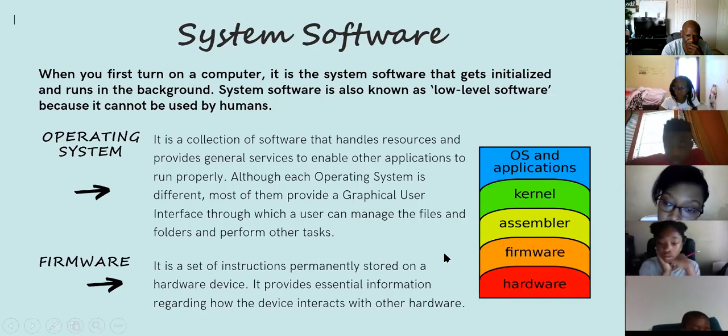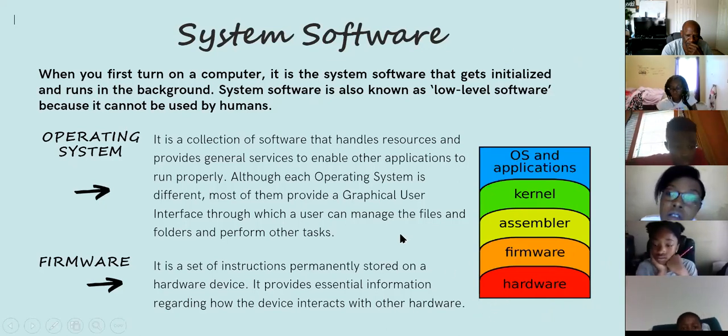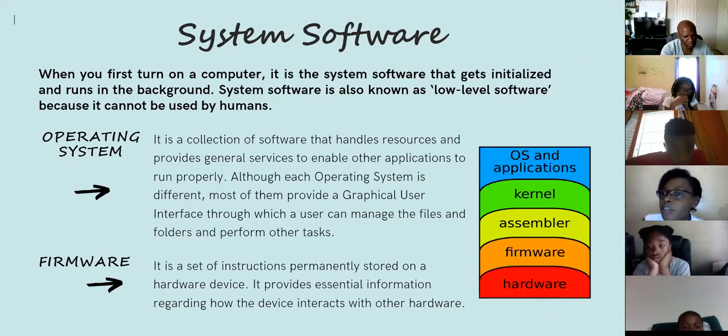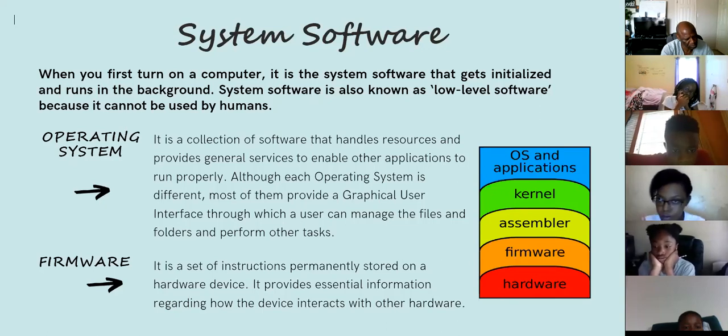Most of the time they provide a graphical user interface. What does graphical user interface mean? Graphical is like the icons you see, those are graphics. User is you. An interface is something that is between.